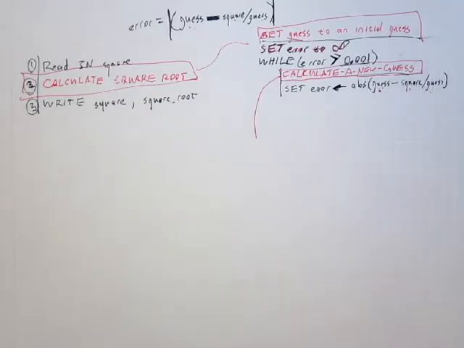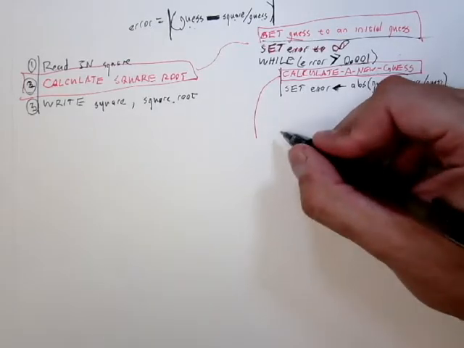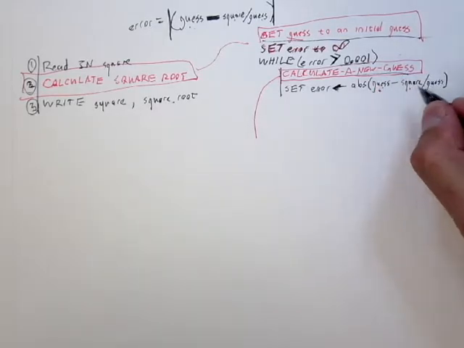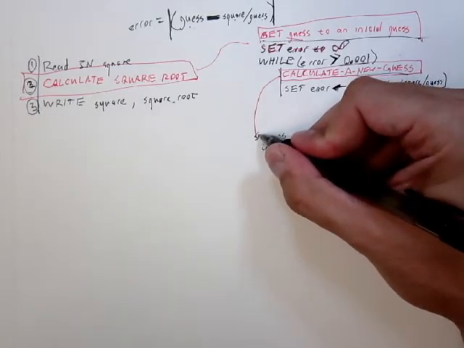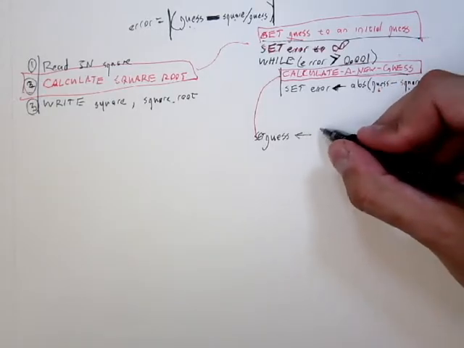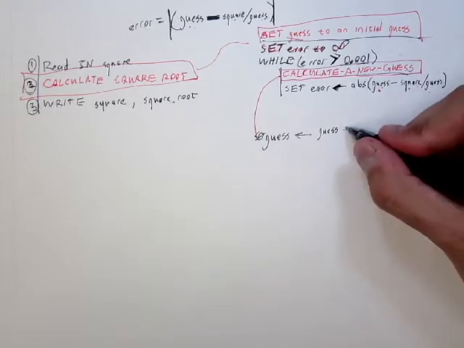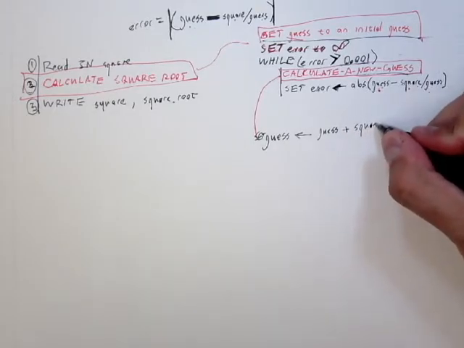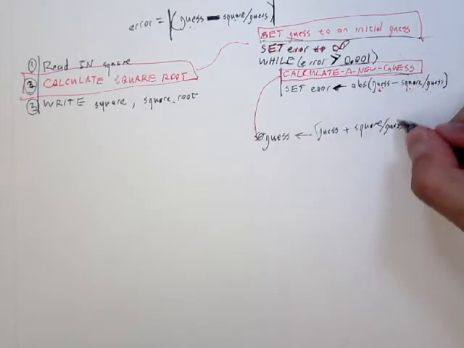So the basic idea is to go halfway in between. Halfway in between guess and square over guess would be to set the new guess to be the old guess plus square over guess, and you get halfway in between by adding them and dividing by 2.